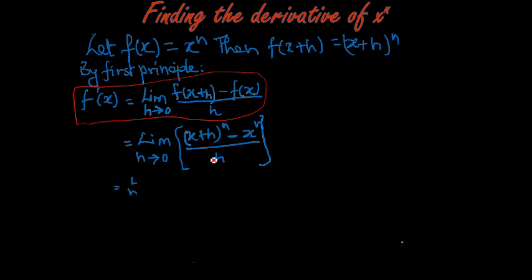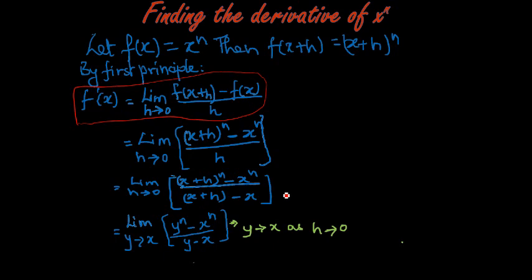How to compute this? Let's rewrite this h as x plus h minus x, as before. This is how we got this. If I substitute x plus h as y, then I get y power n minus x power n over y minus x. So that is what we get if I substitute x plus h as y.